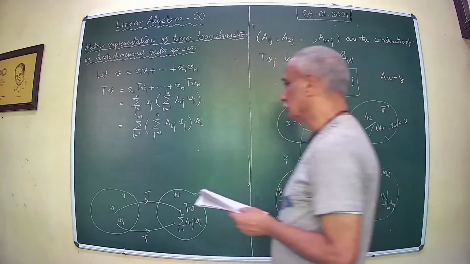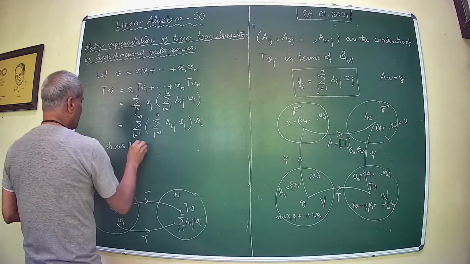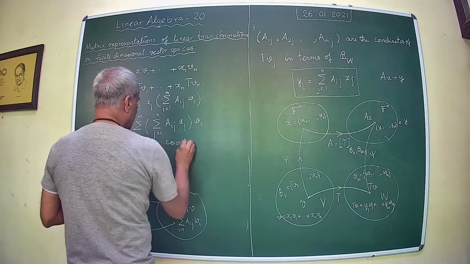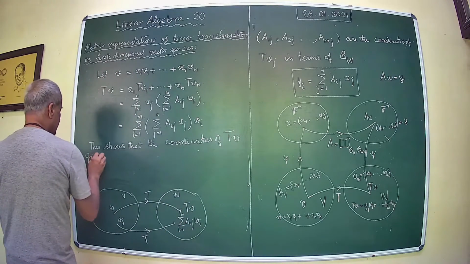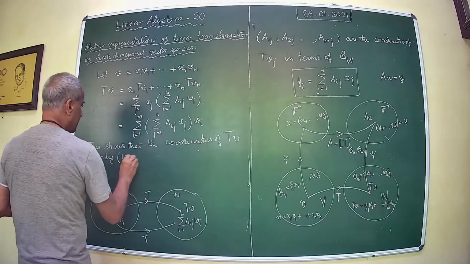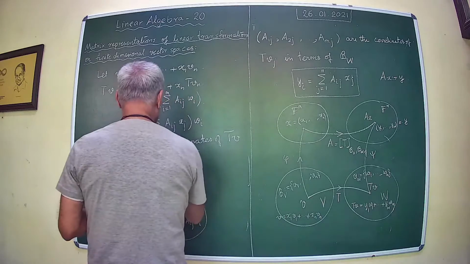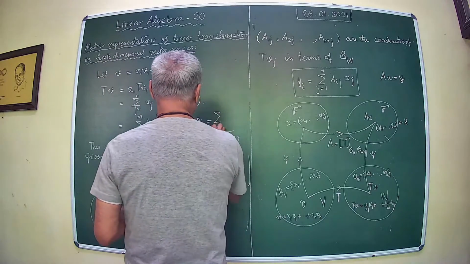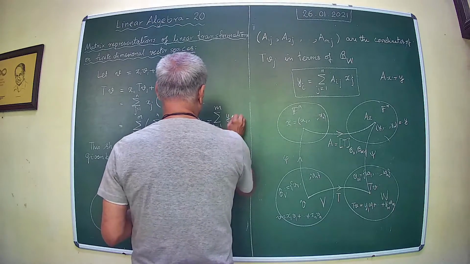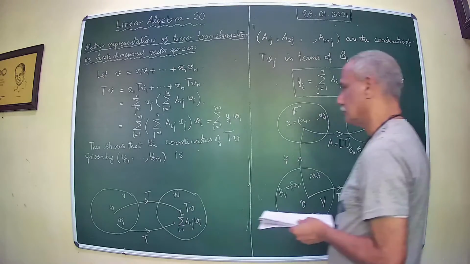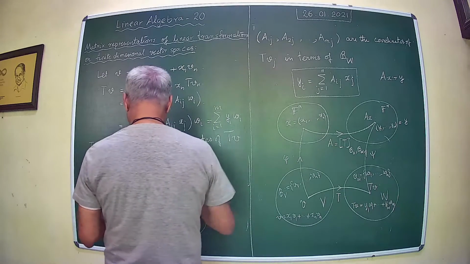So what does this show? This shows that the coordinates of Tv given by y1 to ym according to the map psi, so this I write as sigma i equal to 1 to m, this is actually yi wi.